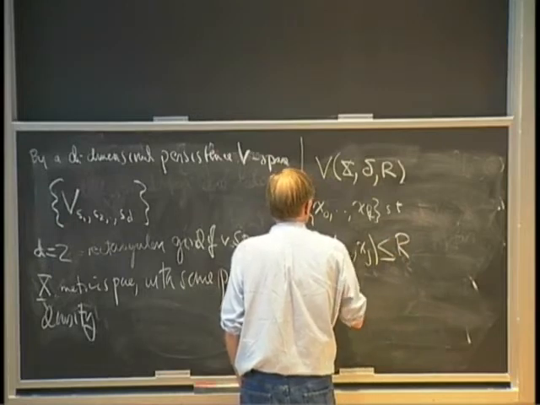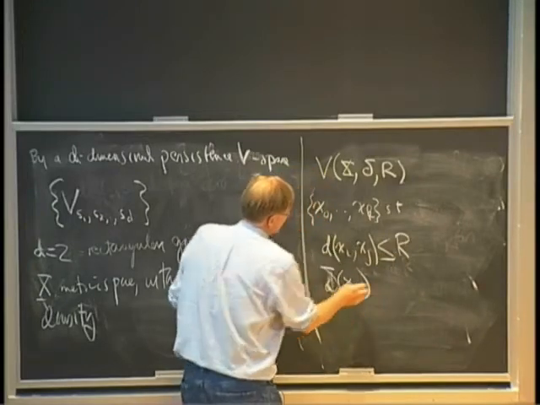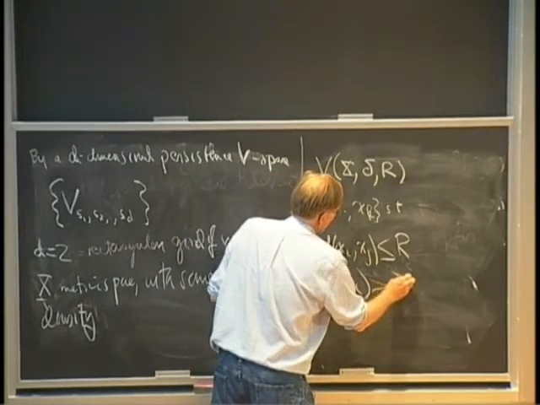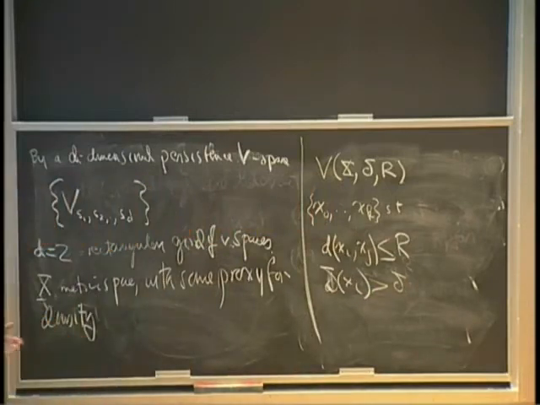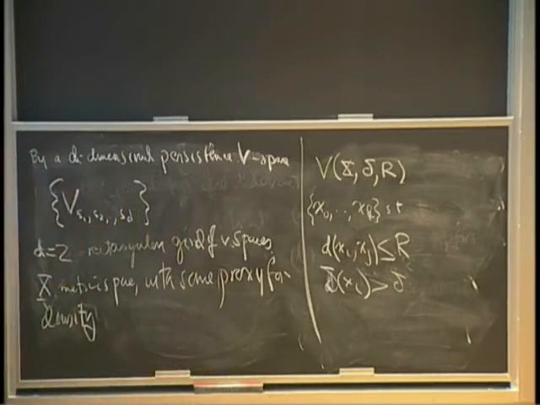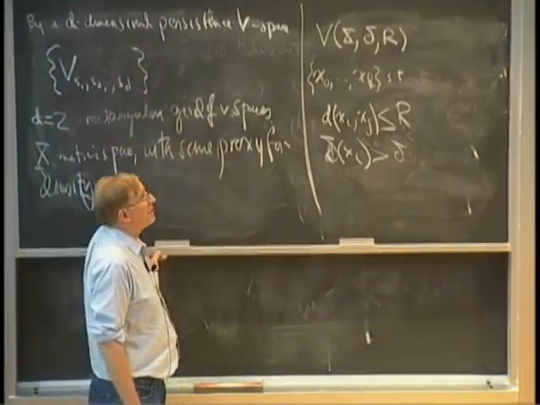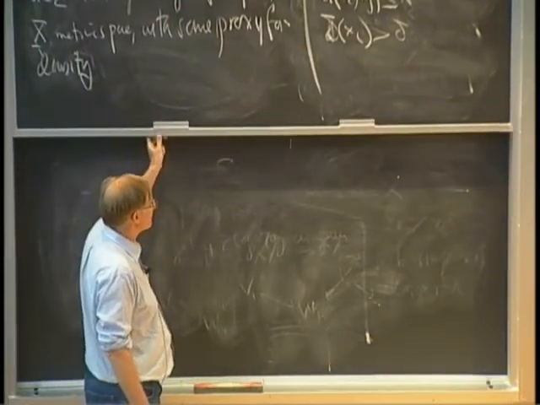And furthermore, the density is greater than delta. I'm turning the arrows around because typically one wants the large ones to enter in first. Okay. So there's an obvious two-parameter family of simplicial complexes, and I can apply homology to it to get one of these two-variable persistence vector spaces. So the question is, are there barcodes? Is there something like a bunch of rectangles instead of a bunch of lines?